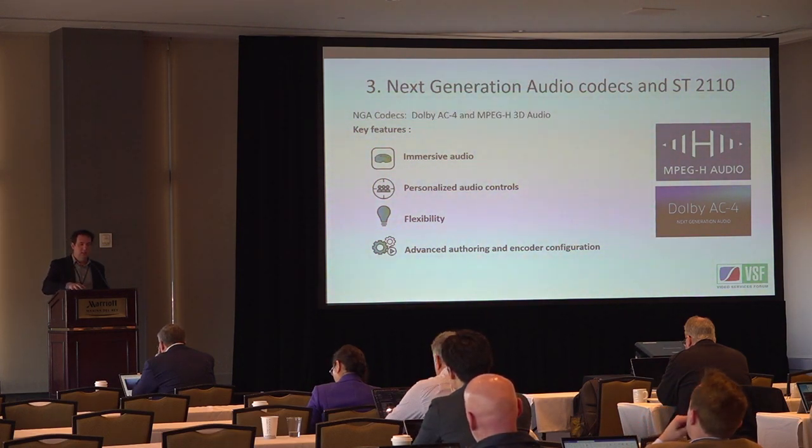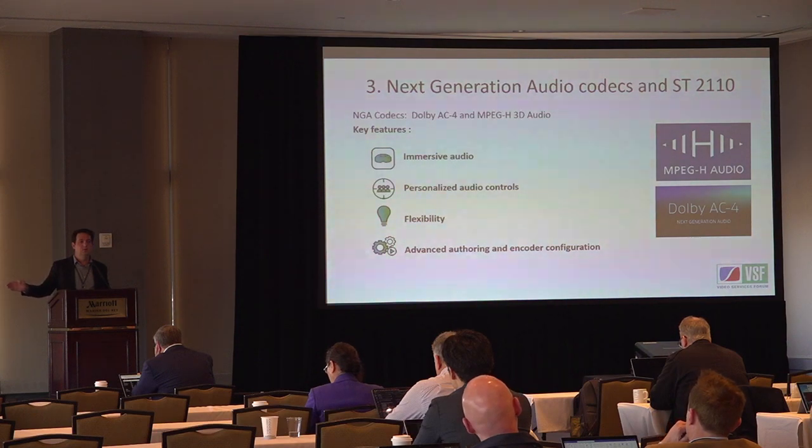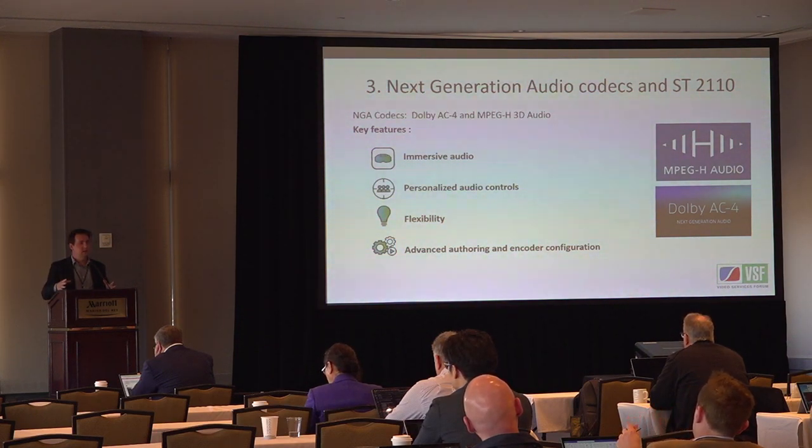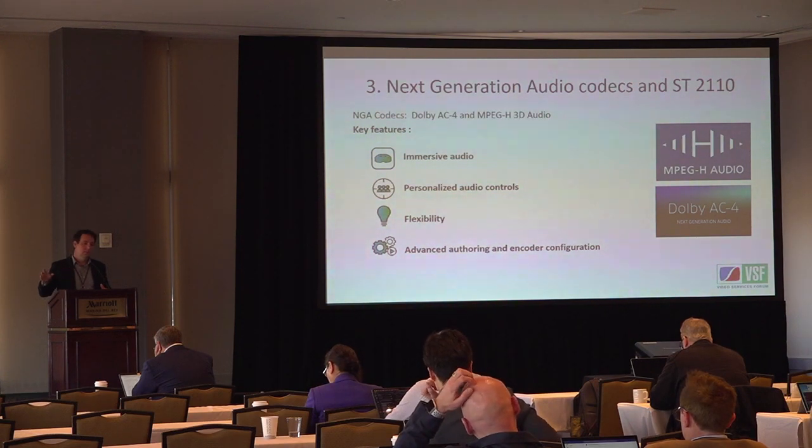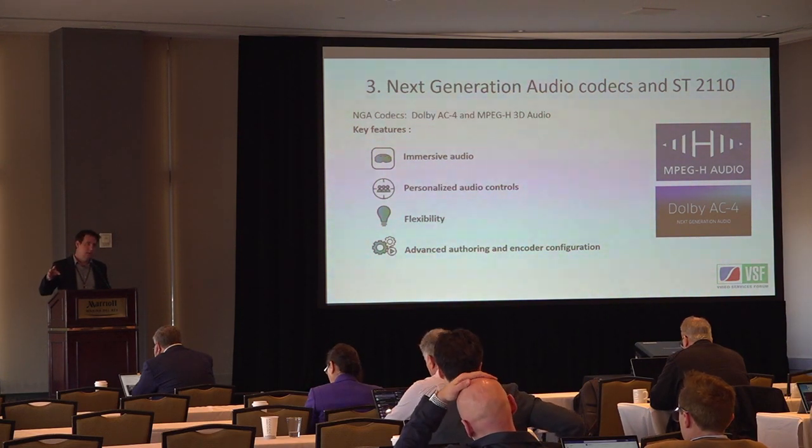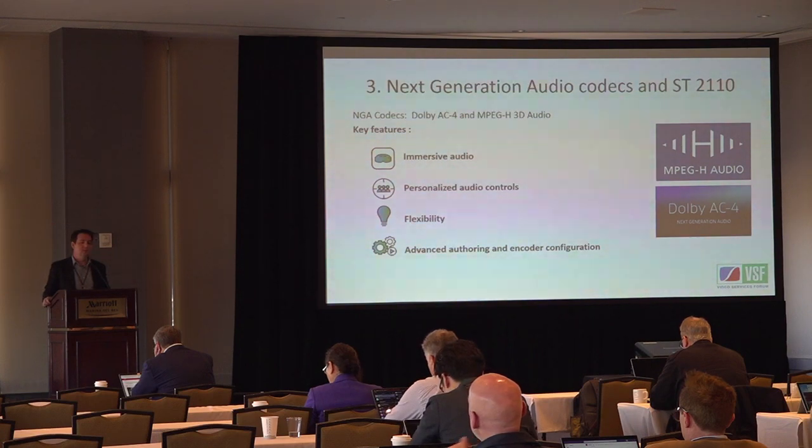What that means is that you don't need anymore to send different streams for all the experiences. You can send base stream that can, at the rendition step, be made custom to the end user setup and also its preferences.